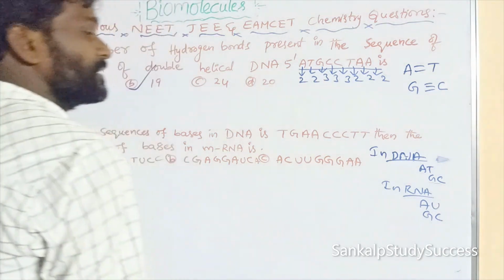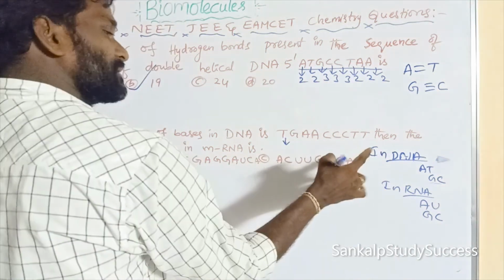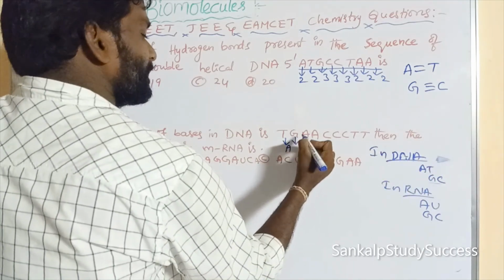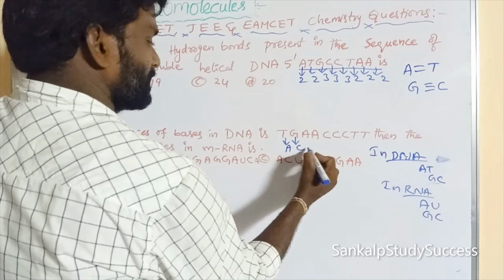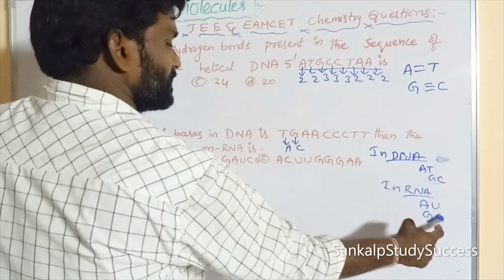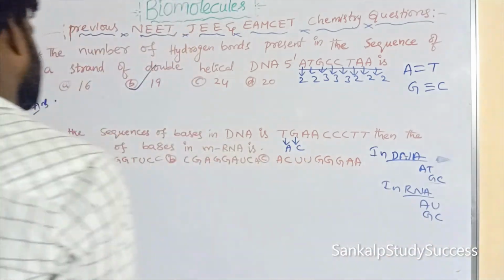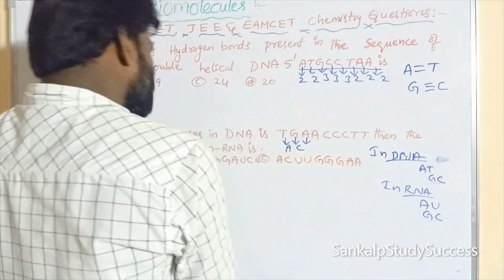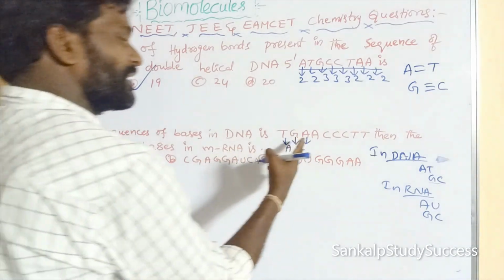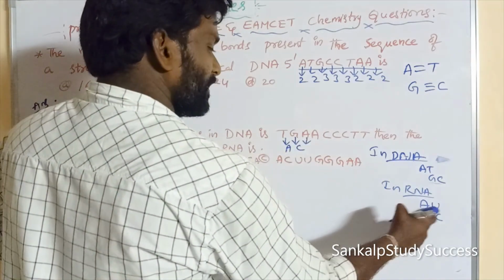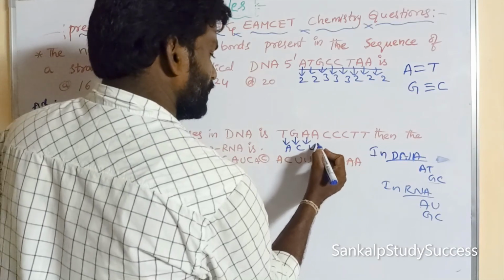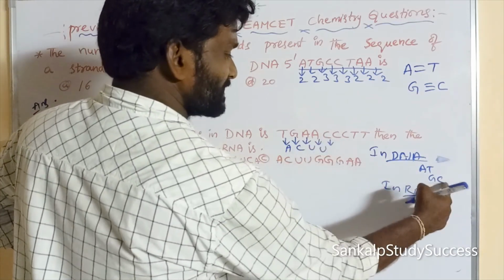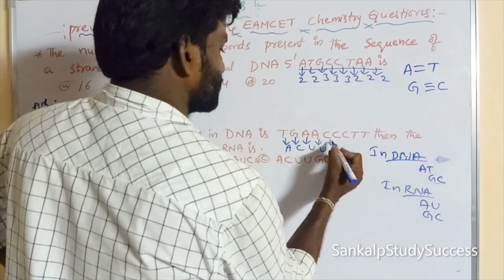According to this, A always pairs with T in DNA, and G always forms hydrogen bonds with C. In RNA, A pairs with U, and GC or CG are complementary bases.